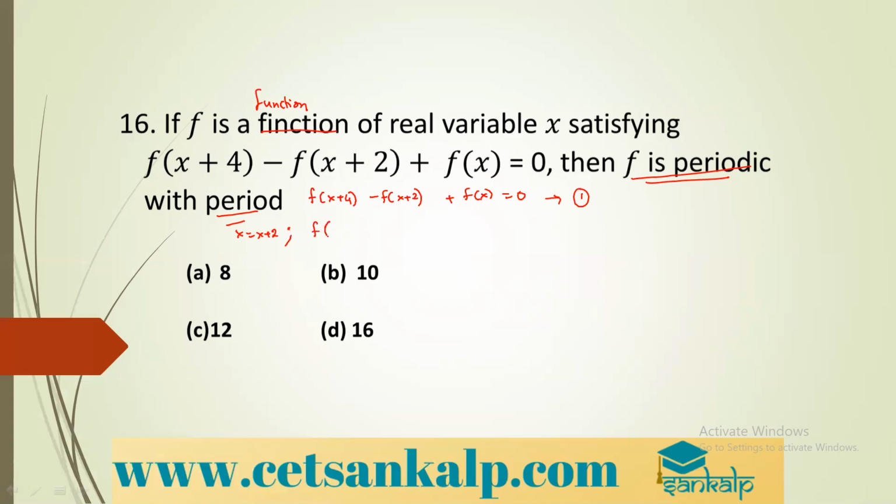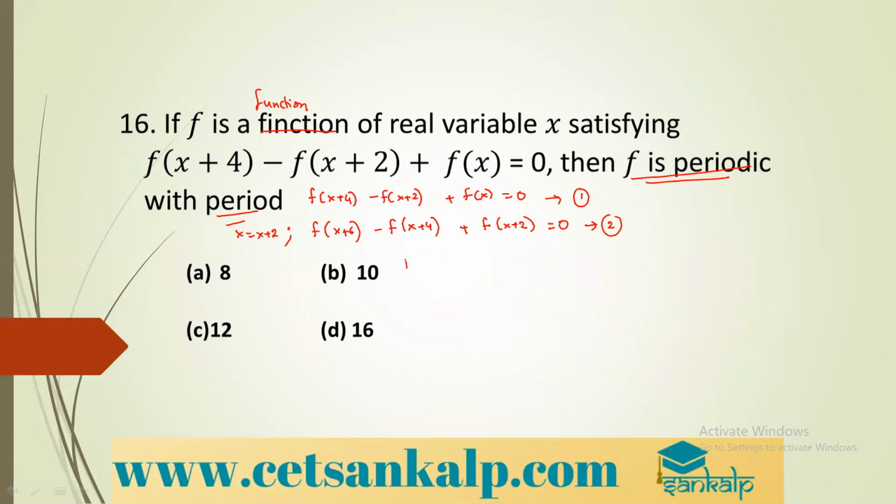So when I put x as x plus 2, I have f(x plus 2 plus 4), that is f(x plus 6), minus f of, in place of x, I will write x plus 2 plus 2, that is f(x plus 4), plus, in the function, in place of x, I will write x plus 2, f(x plus 2), that will be equal to 0. Everywhere x, I have put x plus 2. Still the equation will be satisfied. So this is equation 2.